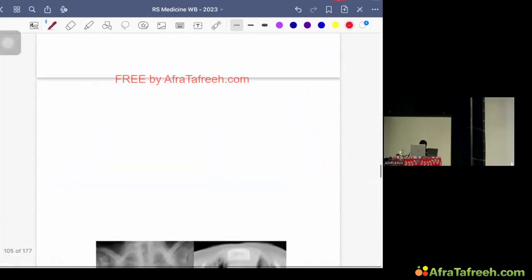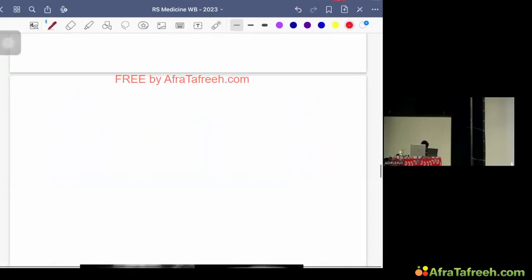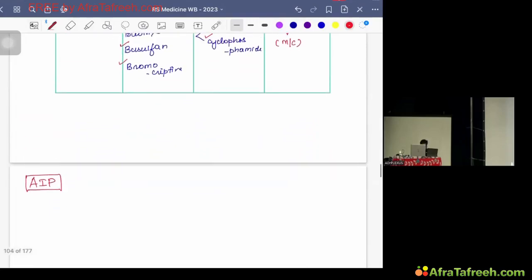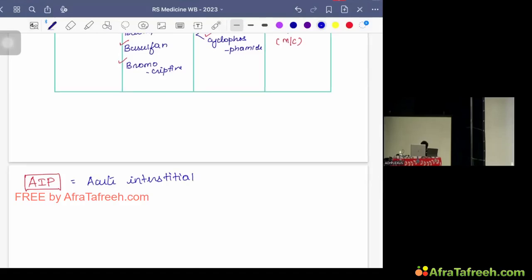Next we are going to the next condition, which is called AIP. What is AIP? Acute interstitial pneumonia.